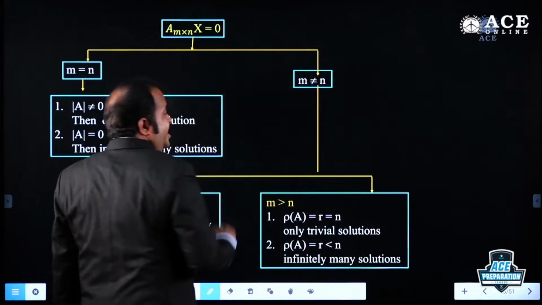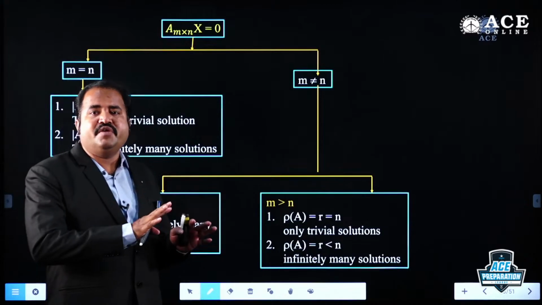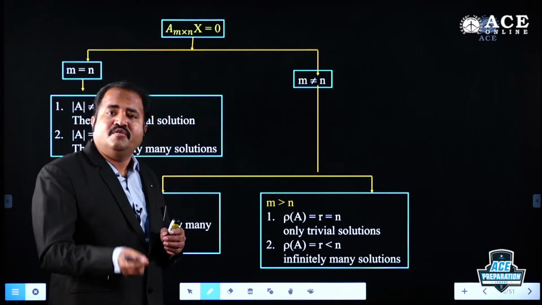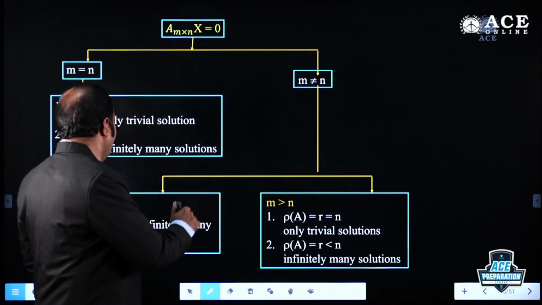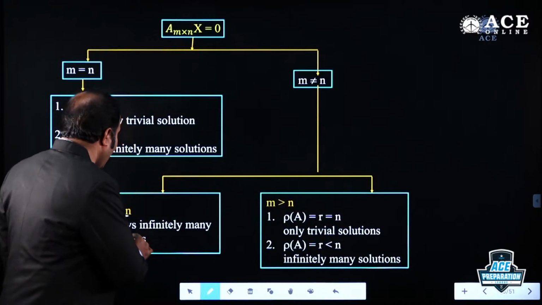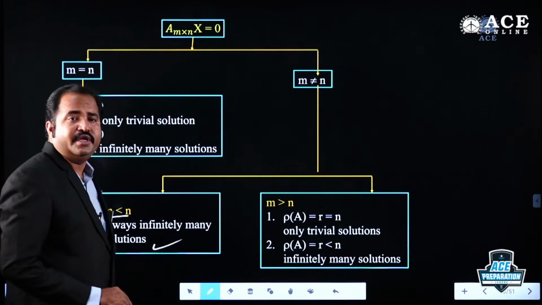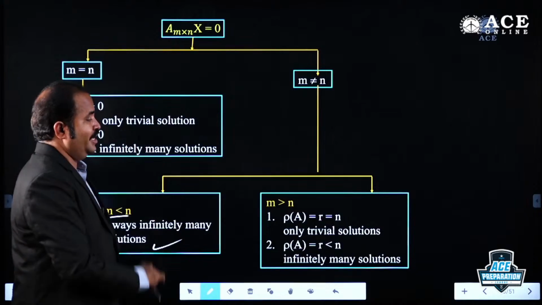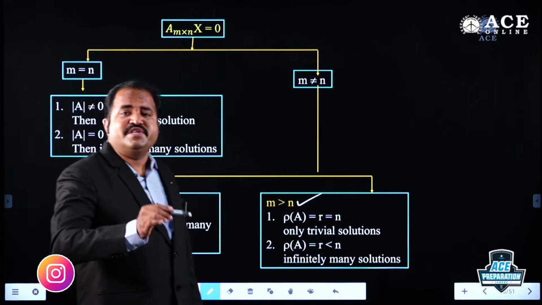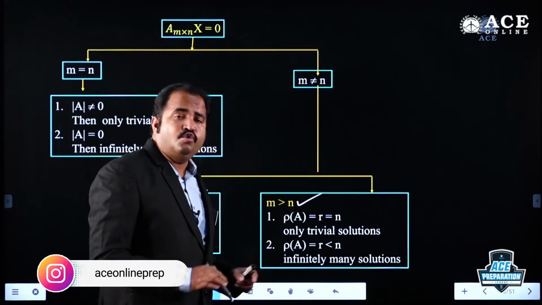If m not equal to n, the number of equations is not equal to the number of unknowns, then we cannot find the determinant. Only the rank can be evaluated. If m is less than n, then always infinitely many solutions in the homogeneous case. If m is greater than n, there are 2 possibilities again.